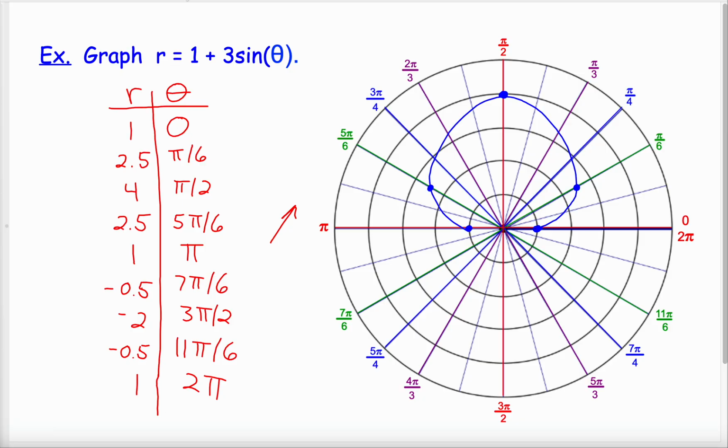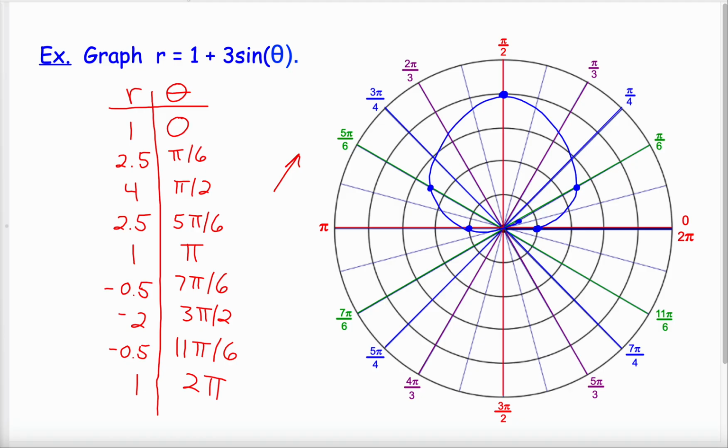So let's go ahead and try and roughly plot that. So that means that r's are getting smaller, smaller, smaller, 0, and then they become negative. And then at 3 pi over 2, I have a negative 2. So instead of going 2 units this way, I'm going to go 2 units that way.